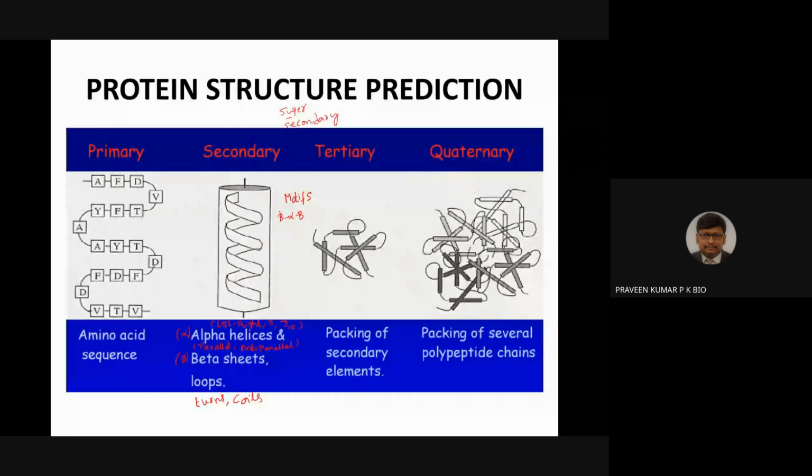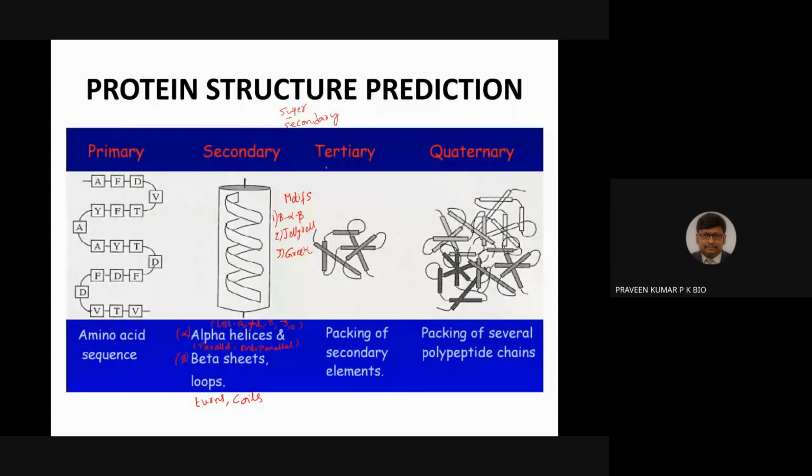So in super secondary structures, we have a combination of these secondary structures. For example, one such motif I've given for super secondary is the beta, alpha, beta motif. And then the jelly roll motif, the Greek key motif. We have plenty of motifs like this. I've just given a few examples of motifs.